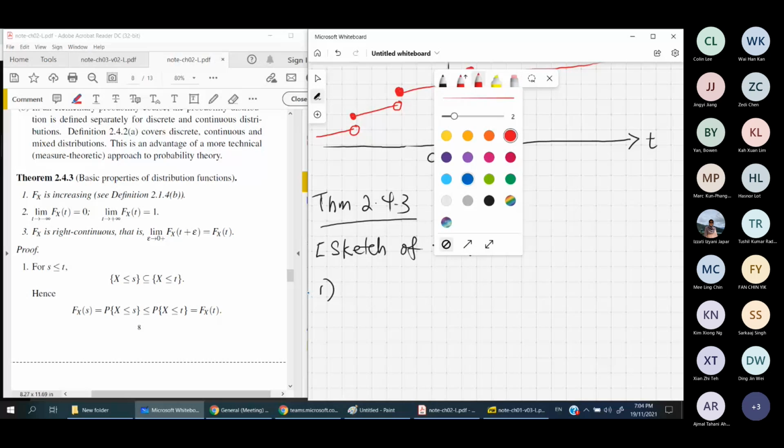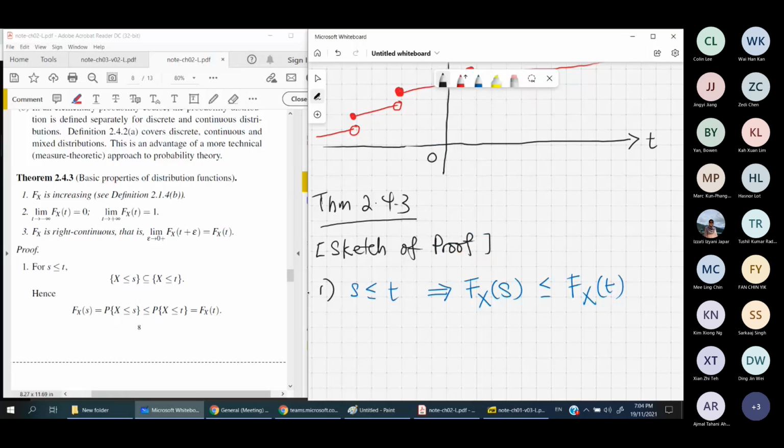According to the definitions, whenever s is less than or equal to t, it implies F_X(s) is less than or equal to F_X(t). Whenever we have this, it simply means it's increasing. So that's why we get the first one.